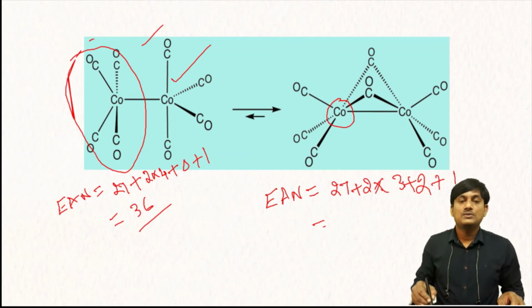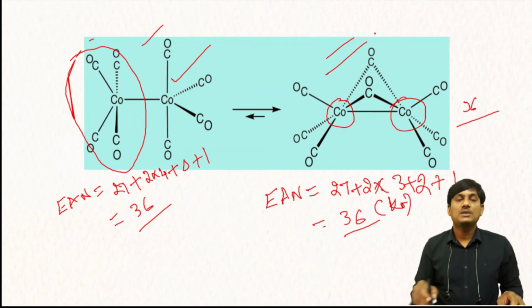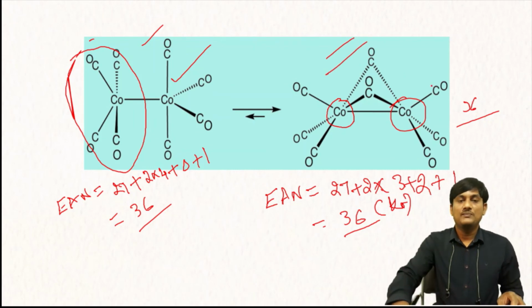What is the value? 6 plus 2 is 8, 8 plus 1 is 9, 9 plus 27, it is 36 again. You are getting the krypton atomic number. For this also you will get 36. So according to the effective atomic number rule, this one also is stable.